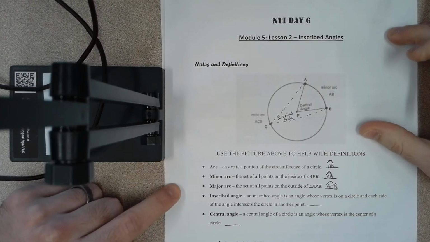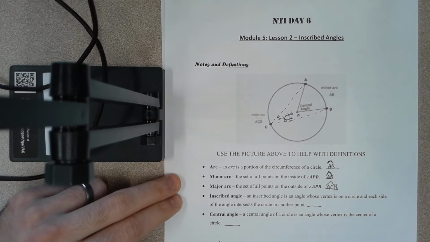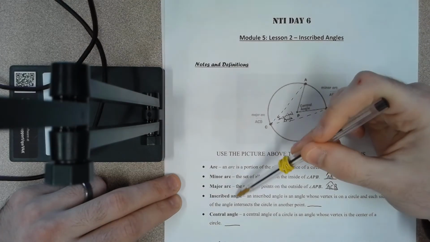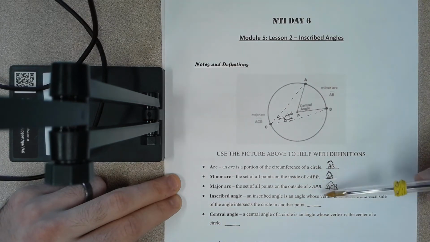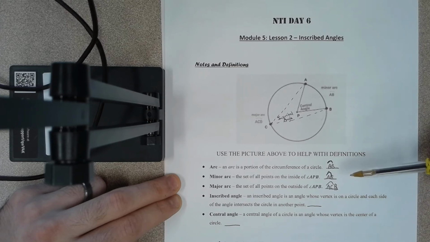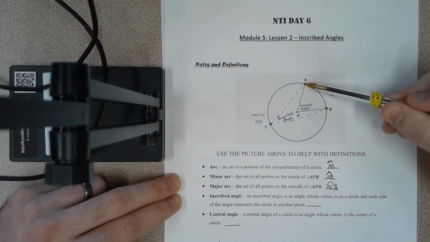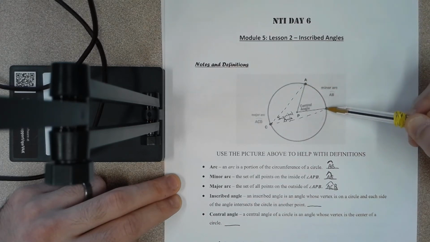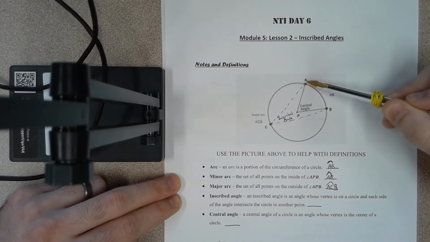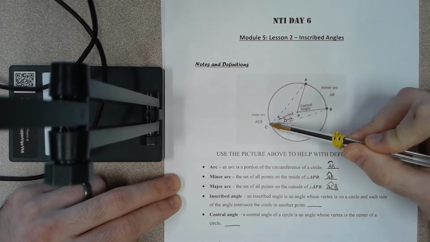Now let's talk about angles for a quick second. We have a central angle and we have an inscribed angle. An inscribed angle is an angle whose vertex is on a circle and each side of the angle intersects the circle at another point. All that basically means is we have point A, point B, and the vertex of this angle has got to be on the circle itself.